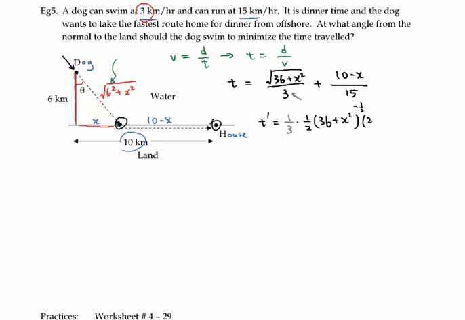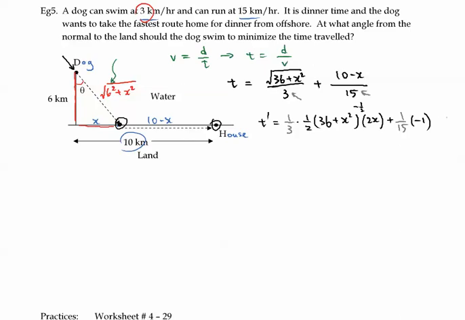And don't forget your chain rule. Plus, we got another constant here. It is 1/15. And then as we are to differentiate 10 minus x, in this case we will just end up with -1.